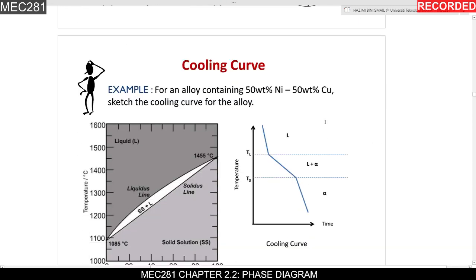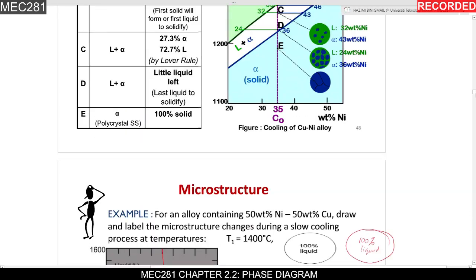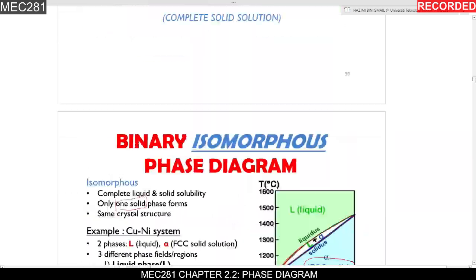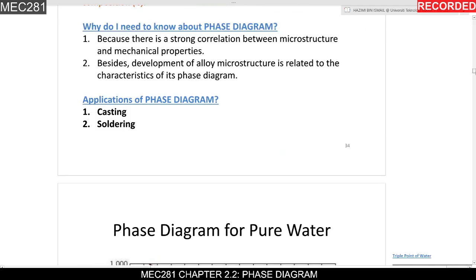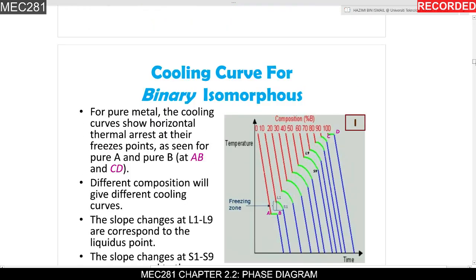Okay, for the cooling curve, this is the example. For an alloy containing 50% nickel and 50% copper, okay, kena lukis lagi 50%. Sketch the cooling curve for the alloy. Cooling curve ni kita dah belajar dekat sebelum ni, chapter 2.1. Awak kena apply dekat chapter 2.2. Macam mana kita nak buat cooling curve ni?